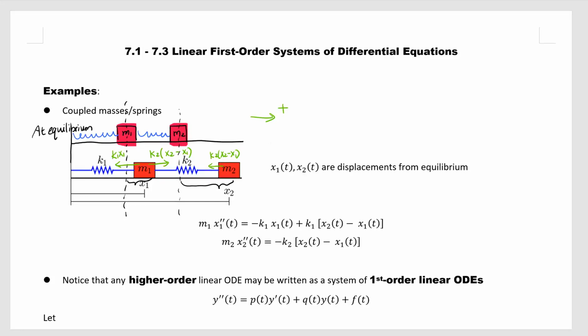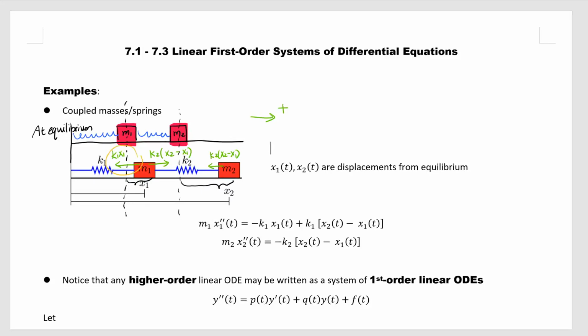For the first mass, if we set the right direction as the positive direction, we have the force due to gravity, and we also have the supporting force from the ground. For the spring force, we have a spring force from the first spring, and it equals K times how much the spring stretches, x1.